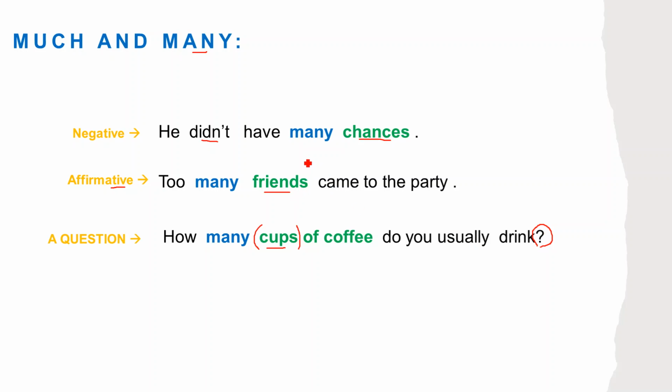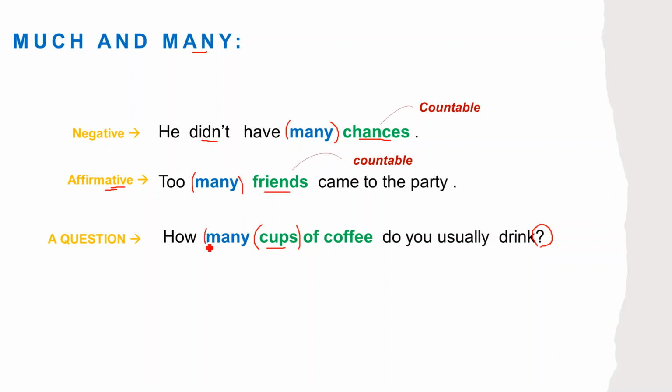So we understand that كلمة many تستخدم with the countable مع الأسماء المعدودة and in the negative sentence وفي الجملة المنفية. Also we use the word many with the countable nouns في الجملة affirmative الجملة المثبتة.